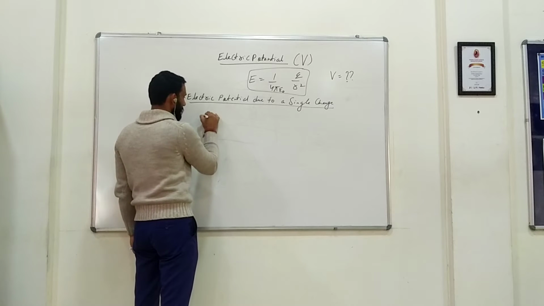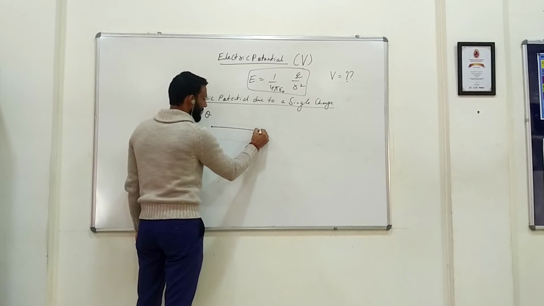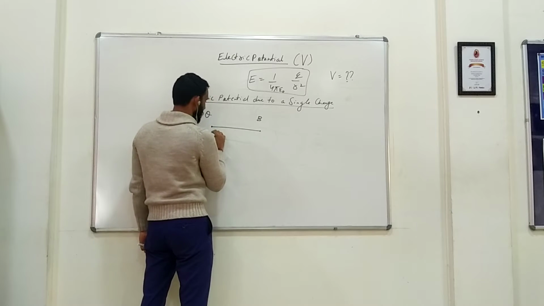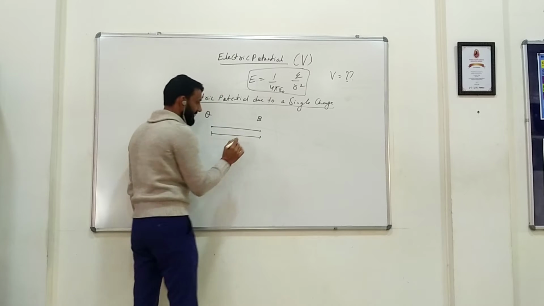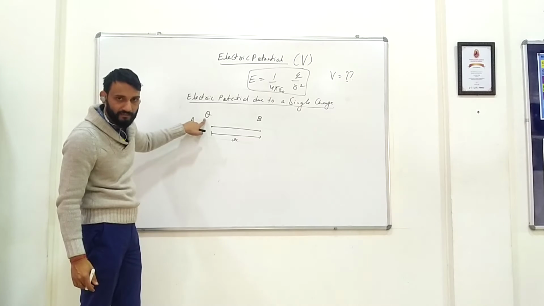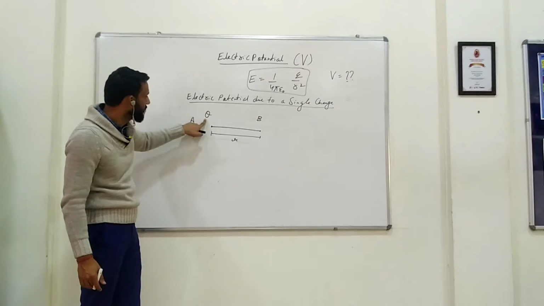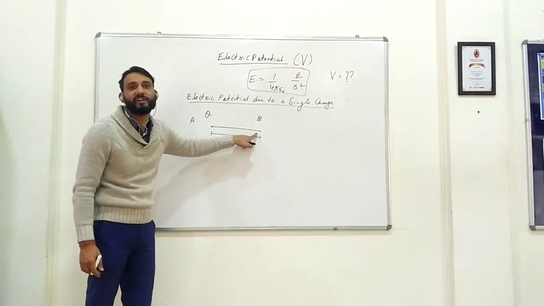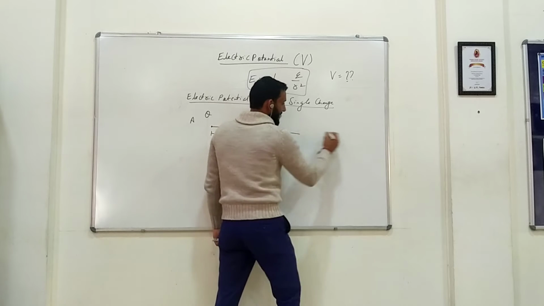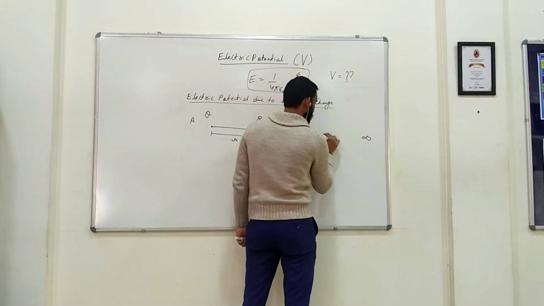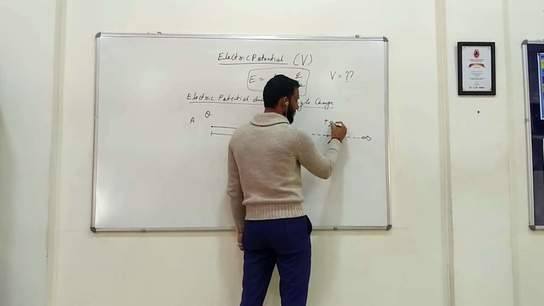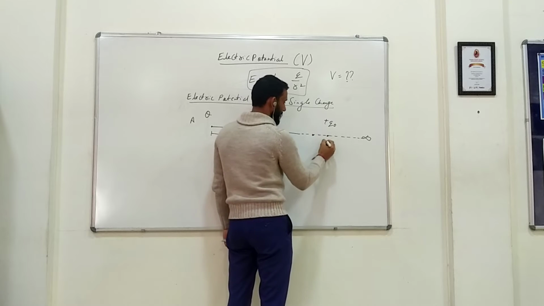Very first thing, we have a charge here. This is a point, let me call this A. This point is B, and this is R distance. This charge has an electric field whose effect can be experienced up till point B, and then we have infinity here. We bring one charge from infinity, which is the unit positive test charge.